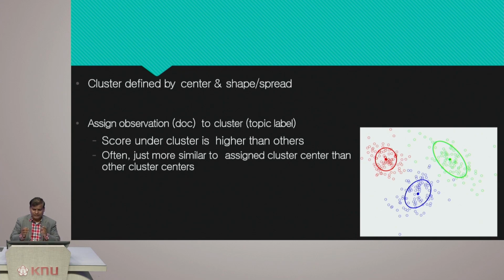In other words, the distance from the center to all the objects that belong to blue should be minimum. We call it the inter-distance. The distance within the cluster should be minimum. It's good if the distance from the center to the objects within the group is quite small. But as far as different clusters are concerned, we want a larger distance between each cluster. We don't want two clusters to be too close.